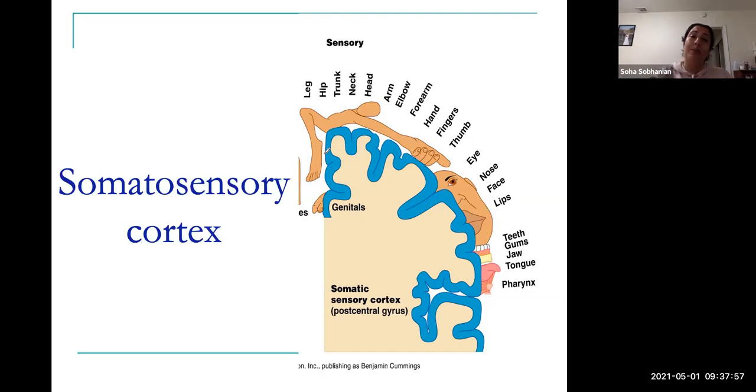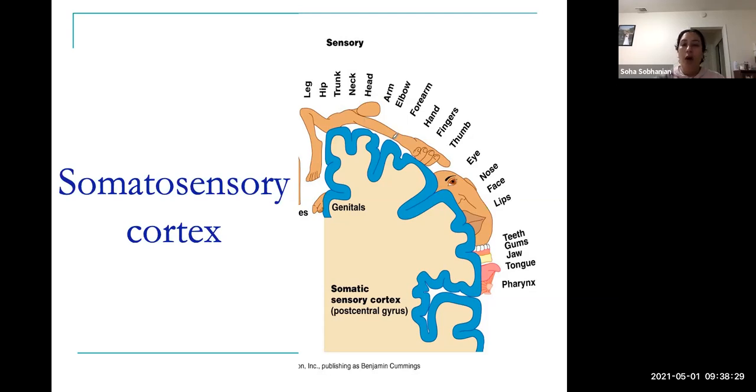So when you go to the somatosensory cortex, where that data goes, if you're collecting a huge amount of data, then a bigger part of your brain will be dedicated to processing that data. So look at your face, guys. Face relatively is small compared to the rest of your body, but a big portion of your post-central gyrus is dedicated to processing that data.